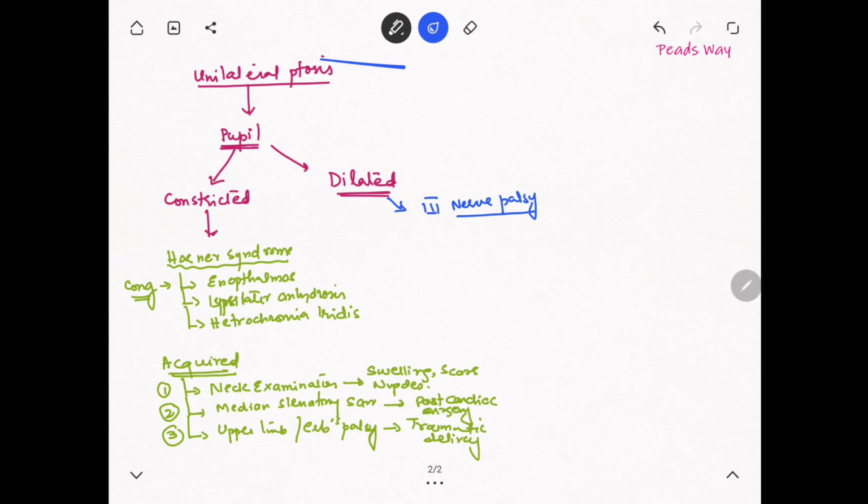What you will find in third nerve palsy is dilated pupil, ptosis, diplopia, and divergent squint.